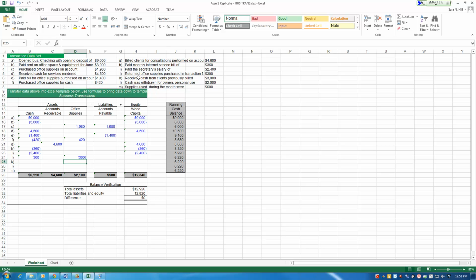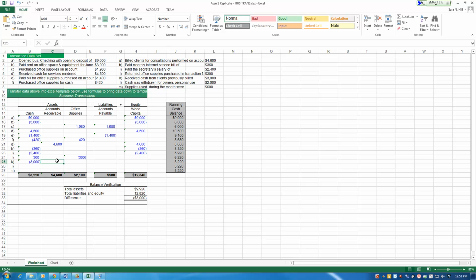K, received cash from clients previously billed. Here I'm going to purposely type this cell in incorrectly so we can see how it would look if we did have an error. I'm going to say that cash went out even though we know it was cash received in.